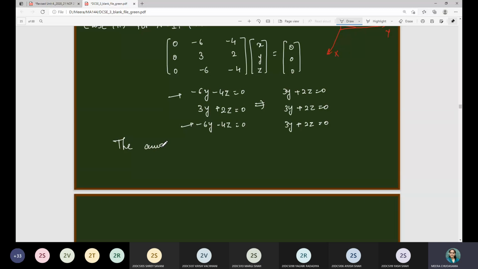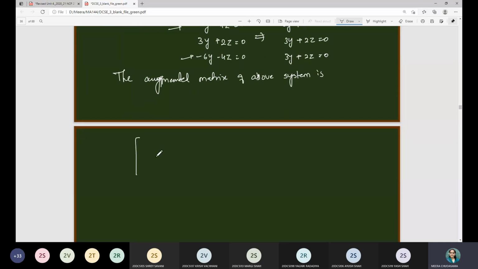So if I write the augmented matrix of the above system, then what will it be? So it is 0 0 0, 3 2, 3 2, 3 2. So it is equivalent to, I am not dividing the first row by 3 over here because I want to make these two rows 0.